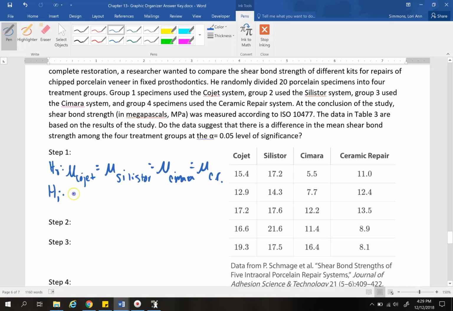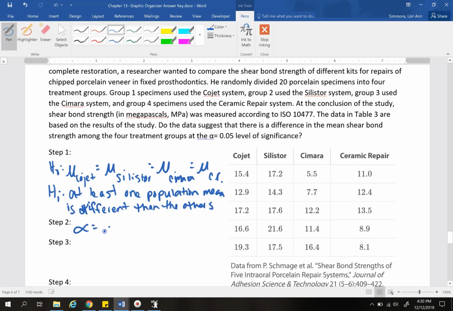And the alternative is that at least one population mean is different than the others. Step 2 is your alpha. Step 3 is to find your test statistic and your p-value.